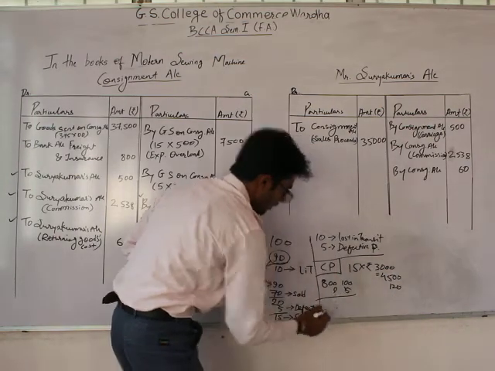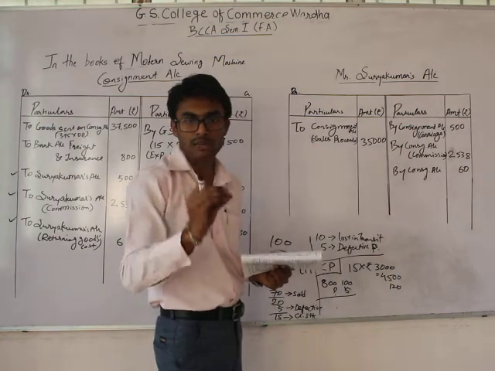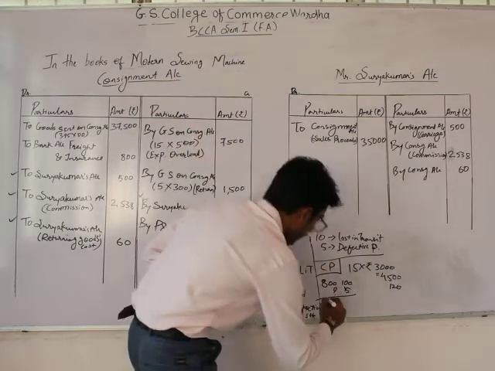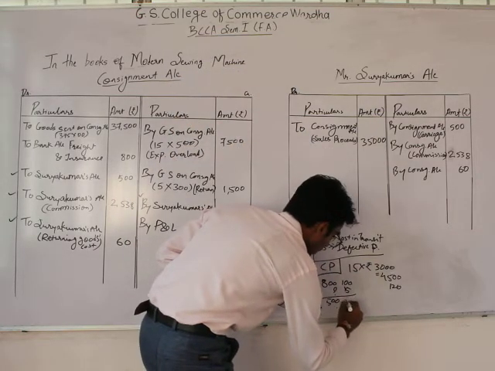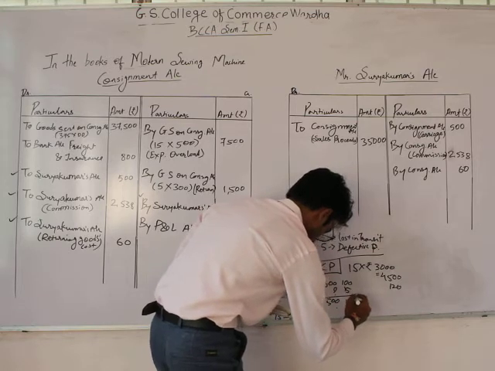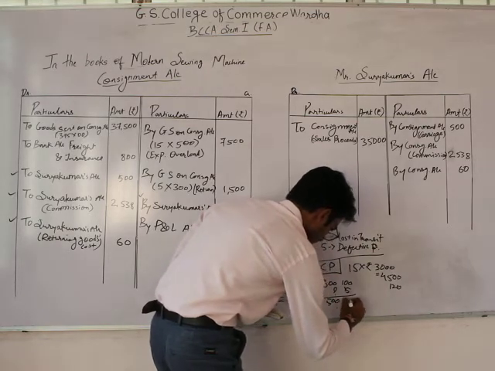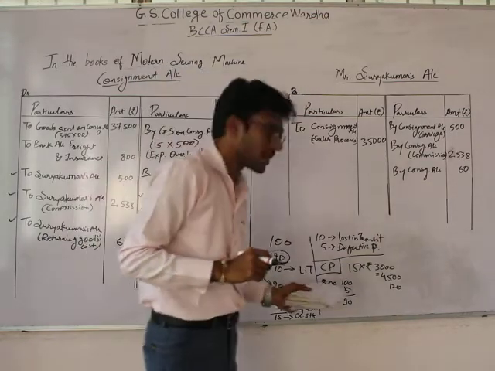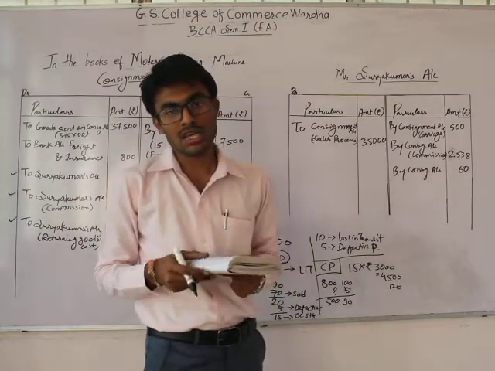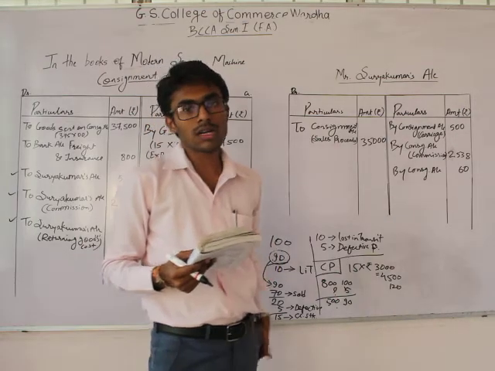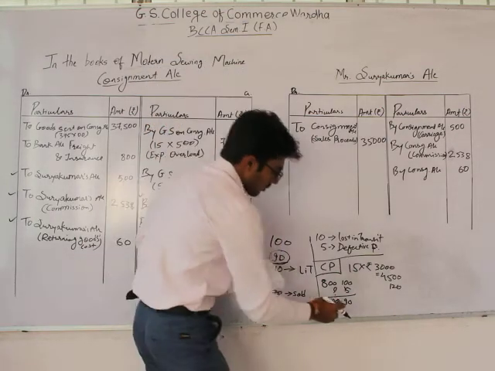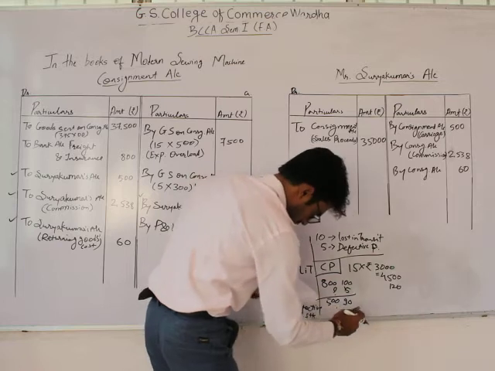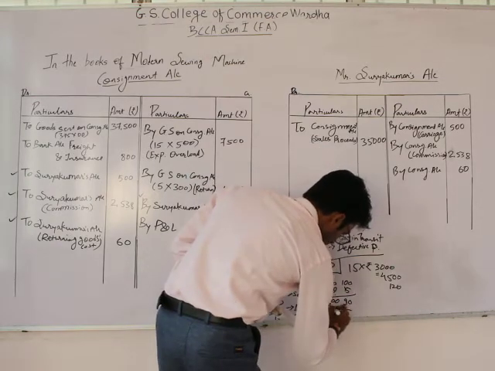Okay, and 500 spent by consignee. That person has actually spent this 500 for 90 saving machines, because 10 were lost in transit. So 500 for 90; for 15 how much?